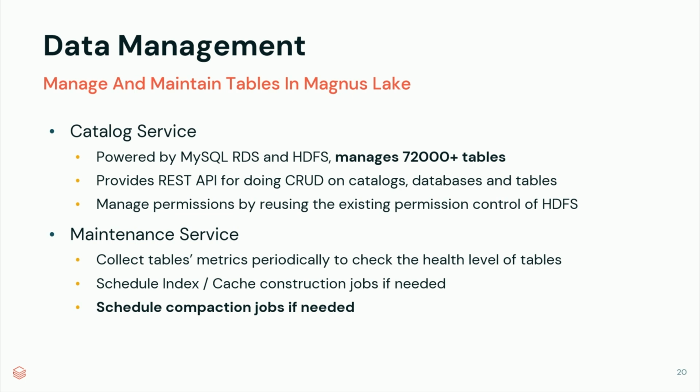It provides a RESTful API externally for the CRUD operations on the Magnus tables. And the permission control is realized by reusing the existing permission control from the HDFS directory or object stores, so that once the user gets the read-write permission of the HDFS directory, they get the read-write permission of the Magnus table.